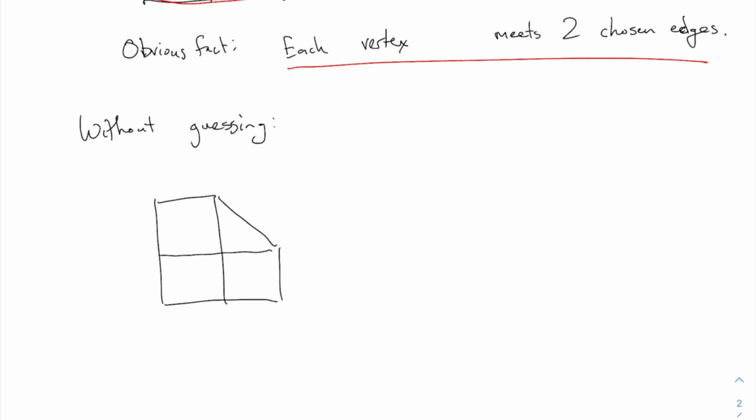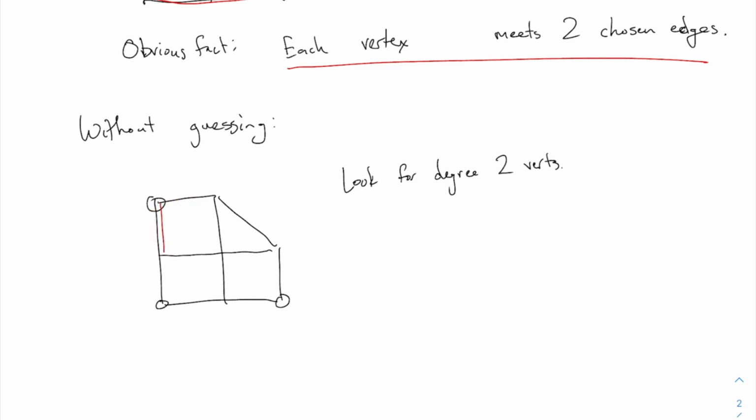I'm going to look for degree 2 vertices. All right, I see one here, here, and here. Those are degree 2. That means there are only 2 edges. What that means is the edges that I choose in the Hamilton circuit must go through both of these edges.